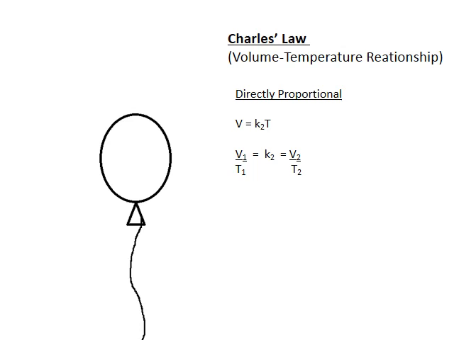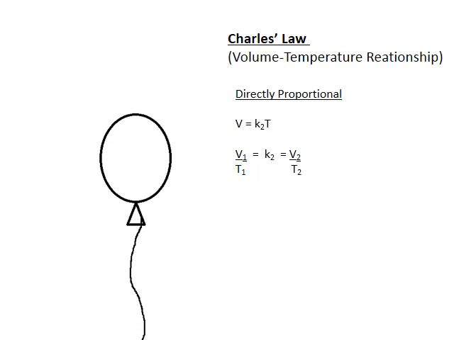So these are going in the same direction. The temperature decreased and the volume decreased, so it's a direct proportion. So in this case, volume is proportional to temperature. So I got V is equal to K times T here, and I've got that K is just a proportionality constant.